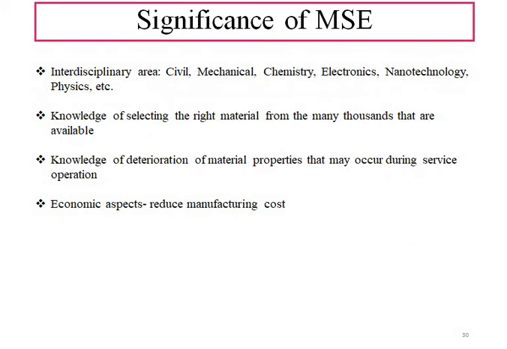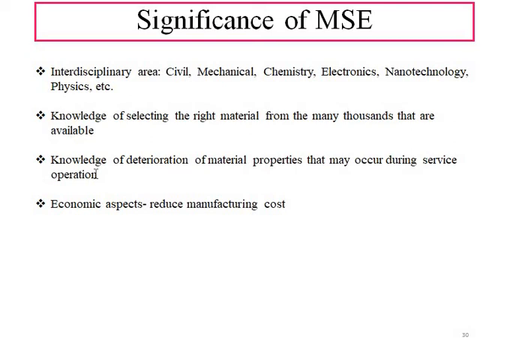So this is the significance of material science and engineering. It is basically an interdisciplinary area which contains civil, mechanical, electronics, electrical, chemistry, nanotechnology, physics, even logistics, management. Many are there. So it is an interdisciplinary area.